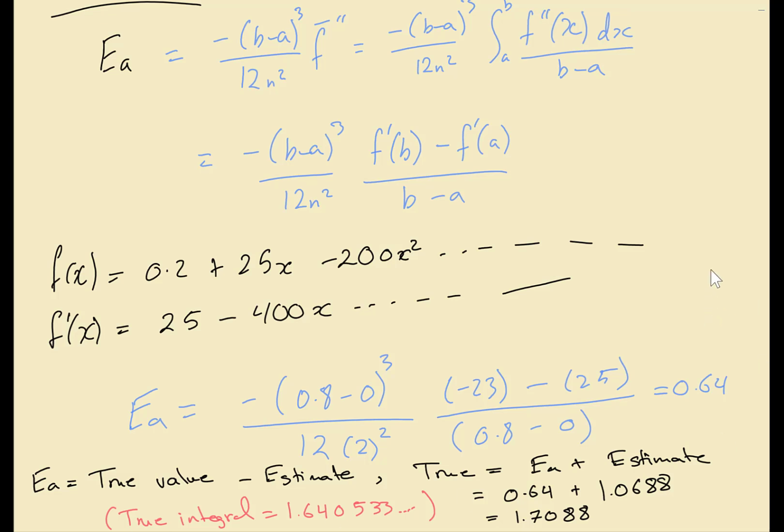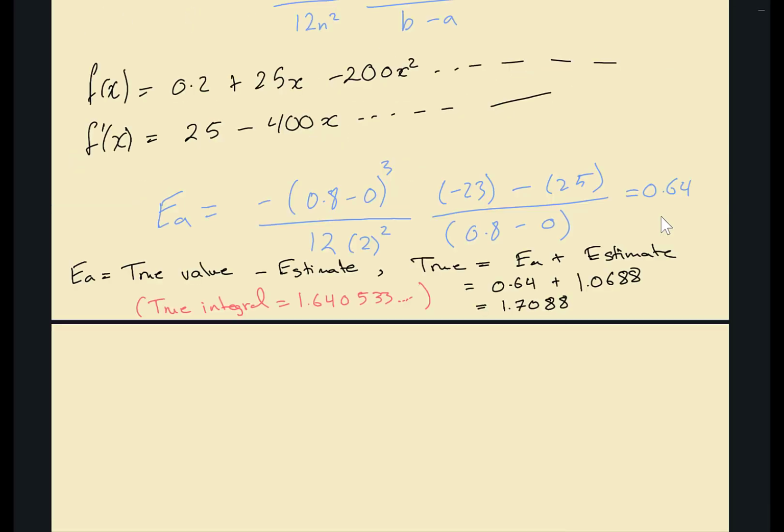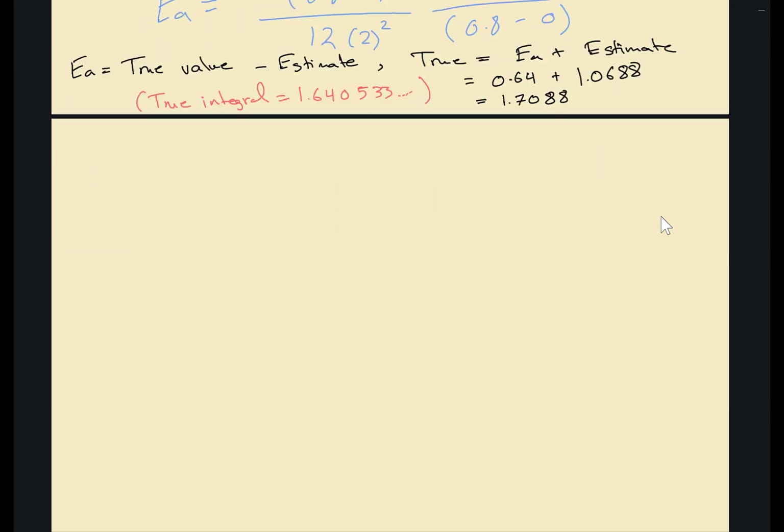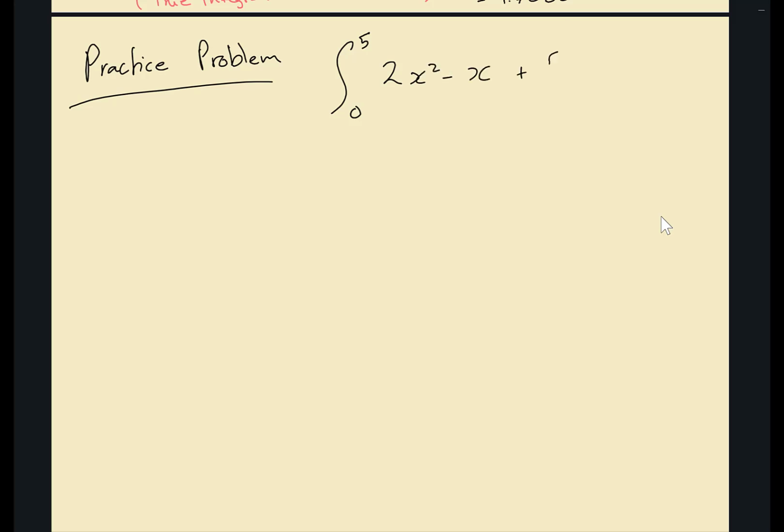So I have a practice problem, which you can do at home, or if you want, we have 20 minutes, you could try it here as well. Practice problem: I want you to find the integral from 0 to 5 of the function 2x squared minus x plus 5, using 2 segments.